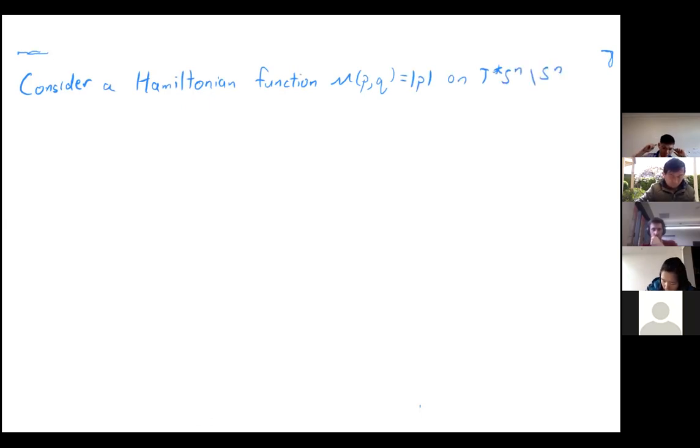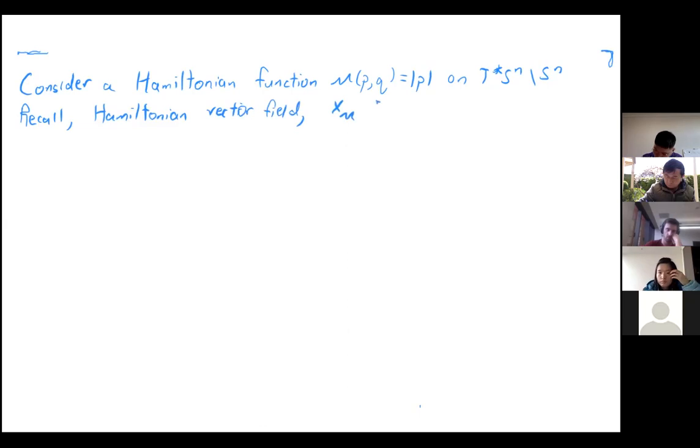So how do we get the vector field associated to this Hamiltonian function? Recall, the Hamiltonian vector field goes from the cotangent bundle of the manifold to its tangent space.